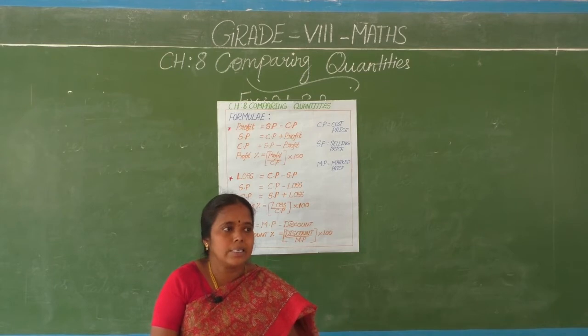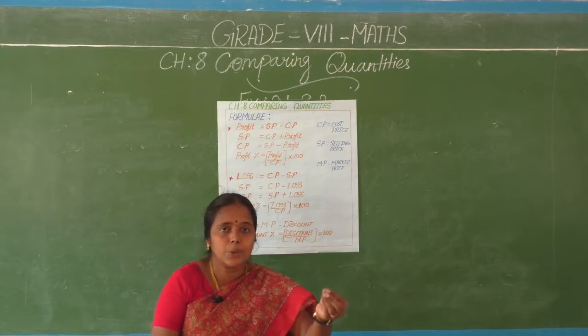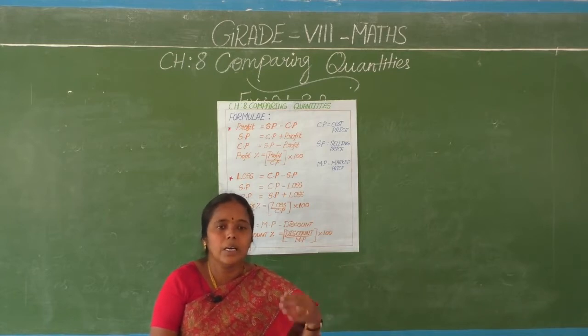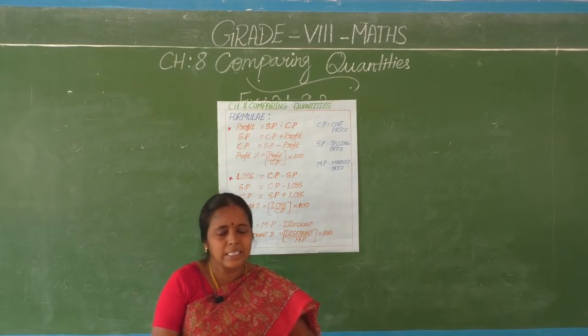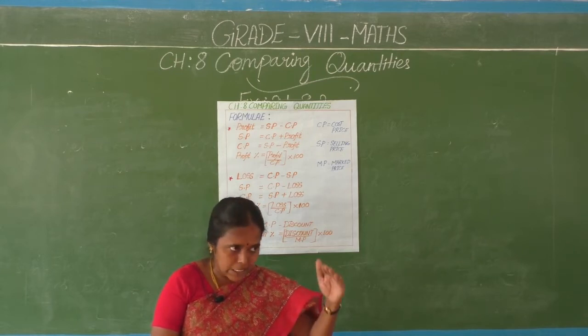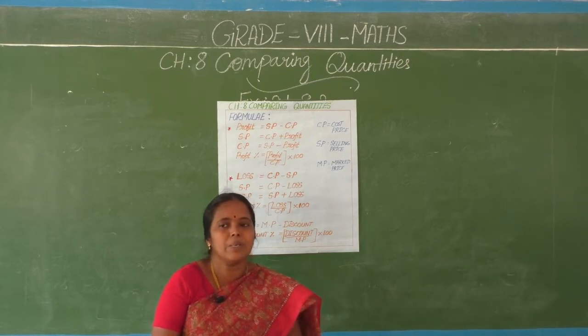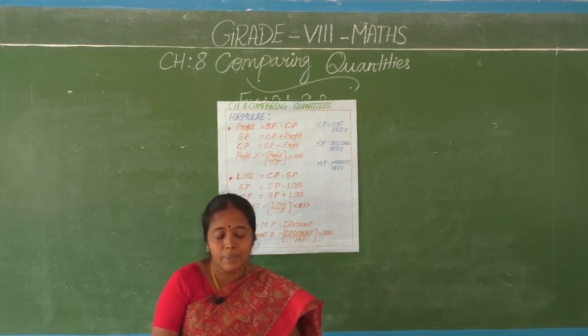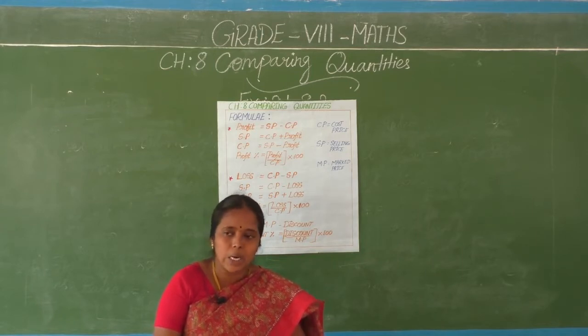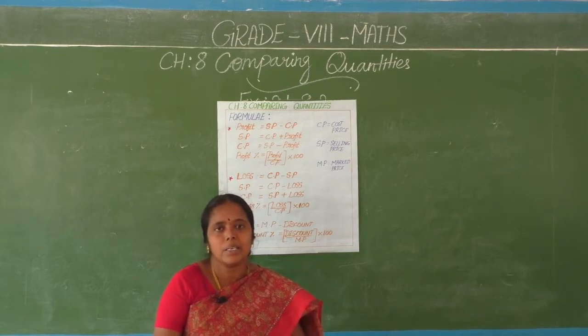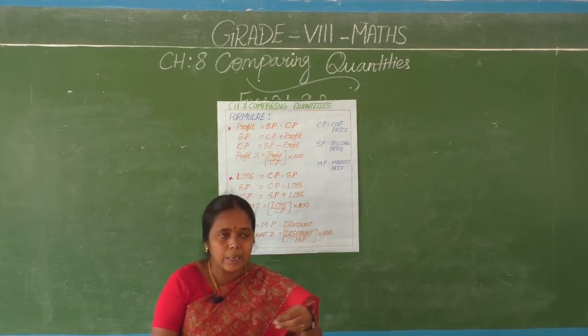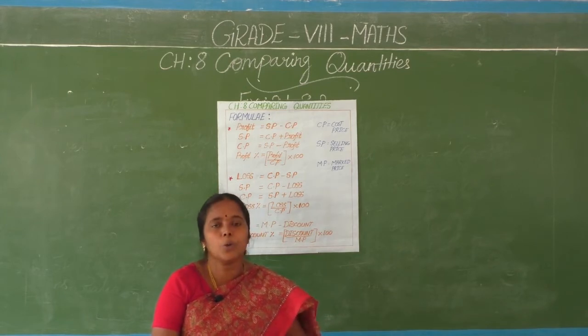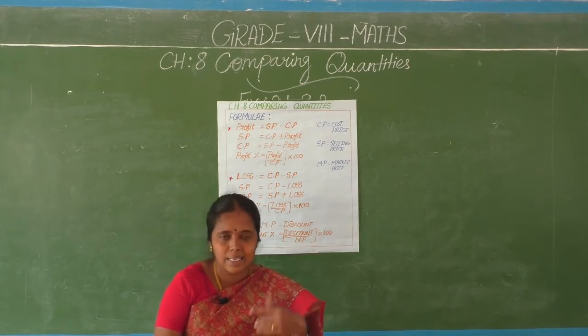In the 7th standard you have learnt profit, loss, profit percentage, loss percentage. Based on that, increase percentage, decrease percentage, simple interest, all that you have seen. Here, based on that, we are going to continue a little bit extra. Marked price, that means discount, we are going to see. Discount, sales tax, VAT, value added tax, GST. A few more topics newly we are going to see in exercise 8.2.